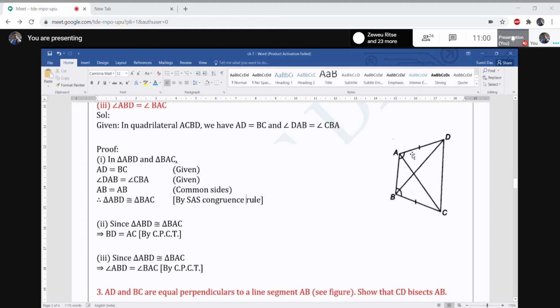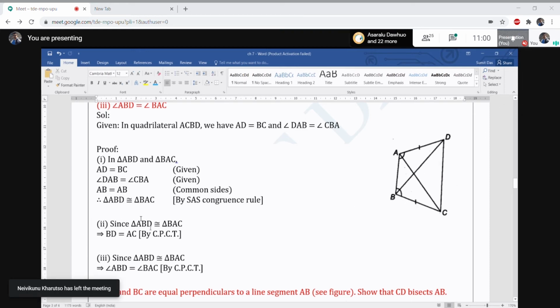Number 1 is easy. Since these two are congruent, we can say AC and BD are equal by CPCT. ABD and BAC, these two triangles are congruent, so we can write AC and BD are equal by CPCT. Right?